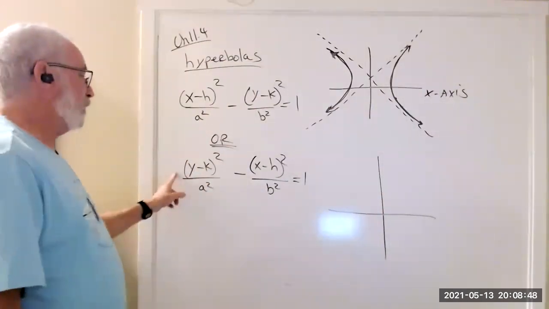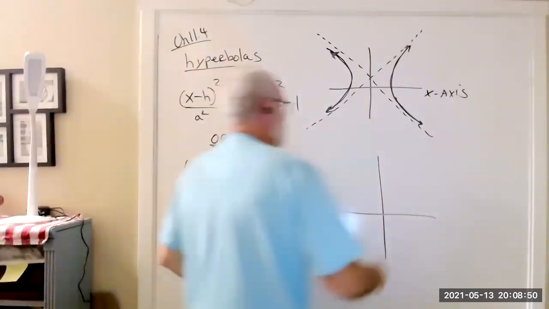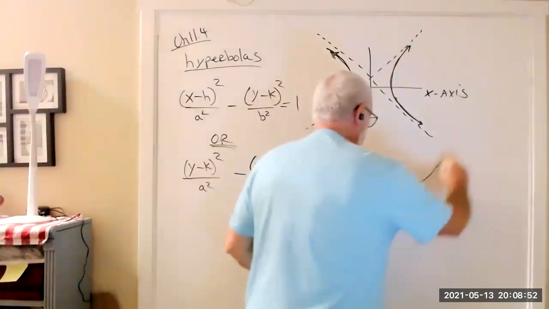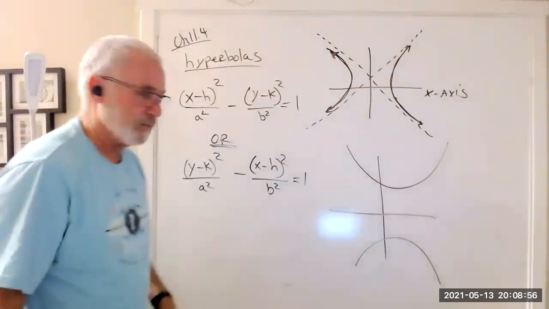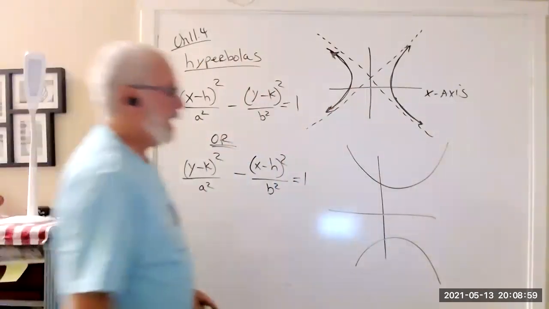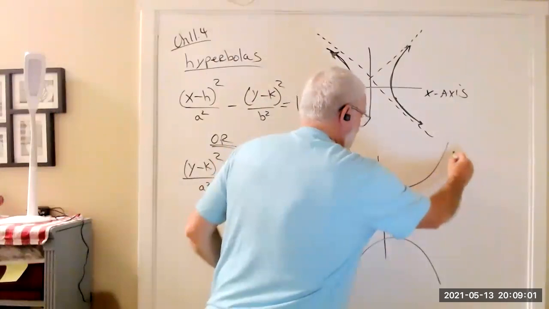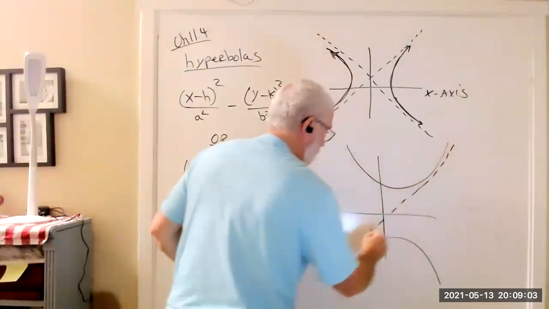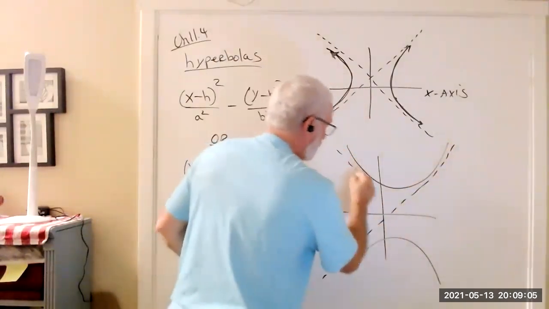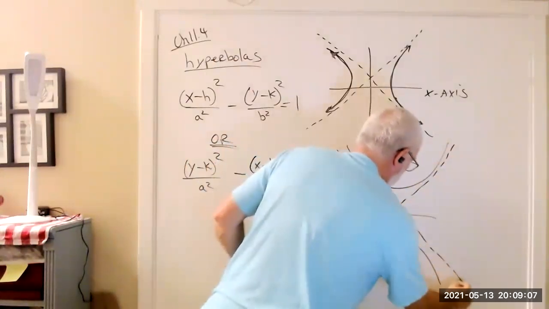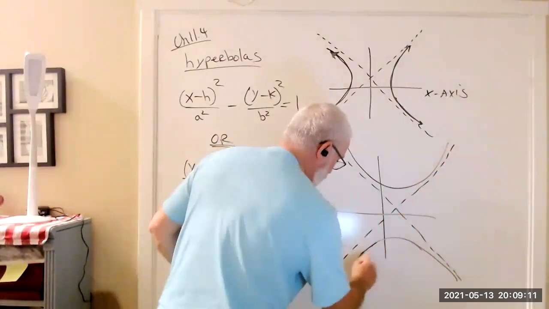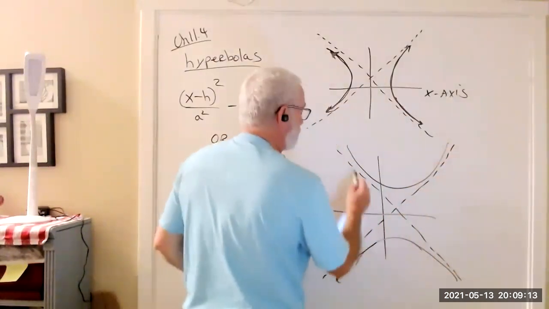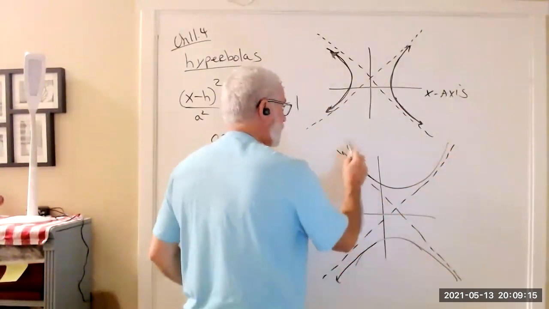If y is positive and x is negative, this is going to go up and down, in the y direction. And we will still have the asymptotes like that, acting as kind of guidelines. I should have drawn this a little bit better because it does come close to the asymptotes. Should have drawn it like that.